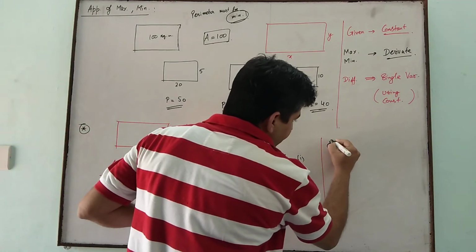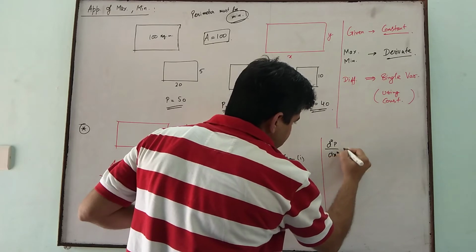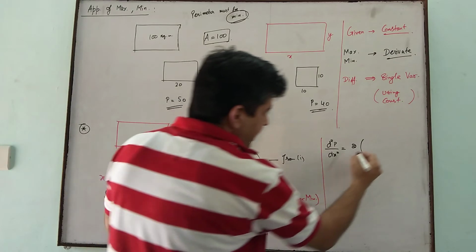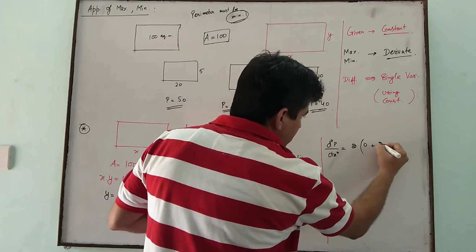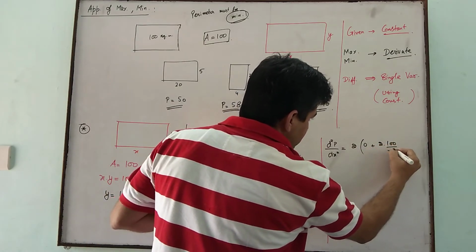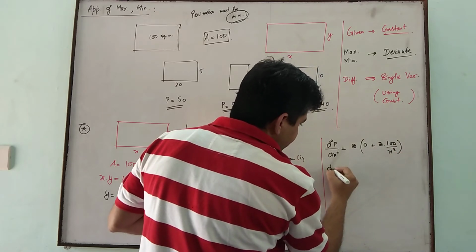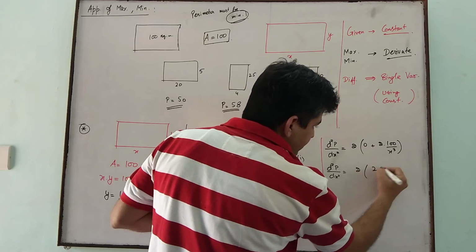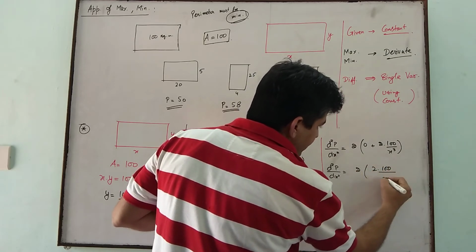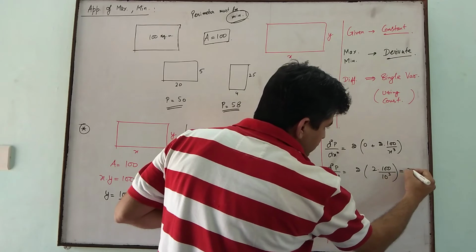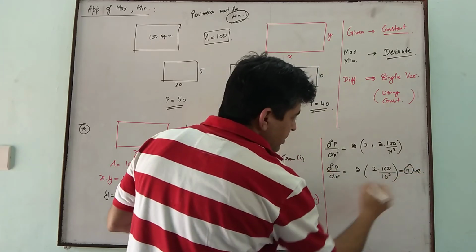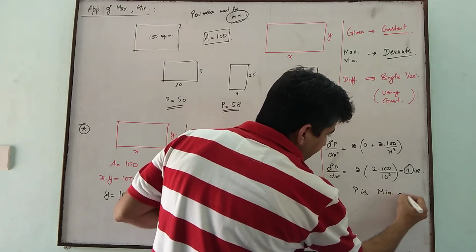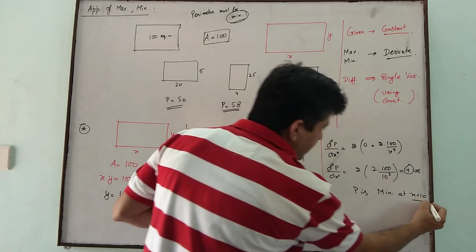So double derivative is plus 200 upon x cube, and x is 10. This is positive. Positive means parameter is minimum at x equal to 10.